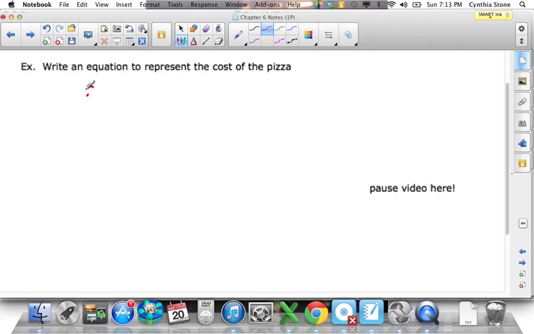We should say let C be the cost, and we'll let, how about a cursive T be the number of toppings? So my cost is equal to, let's look back at the graph.